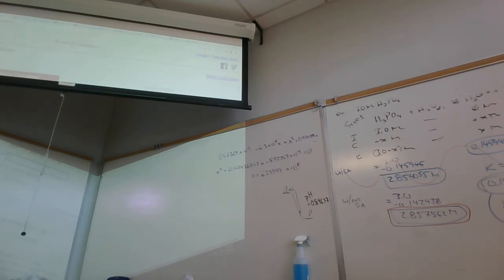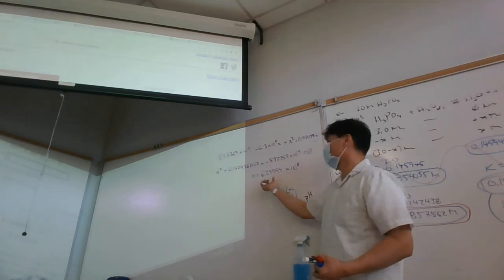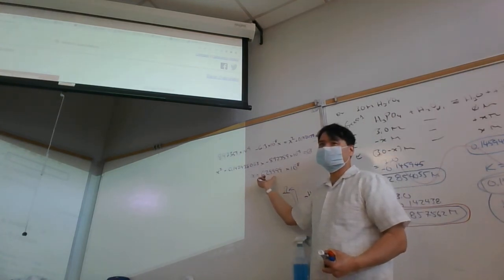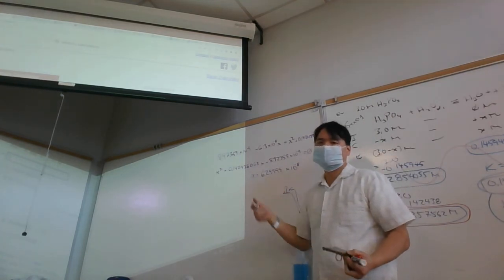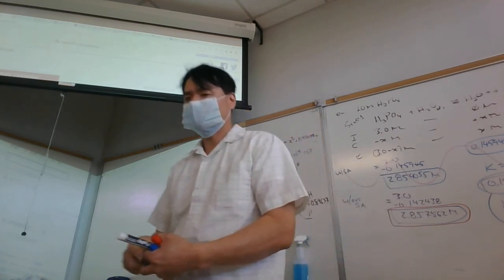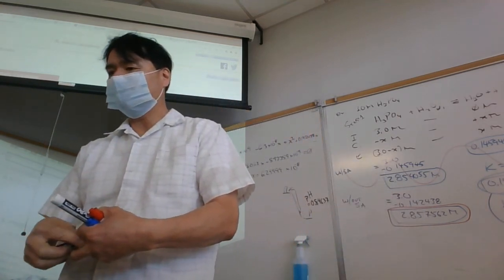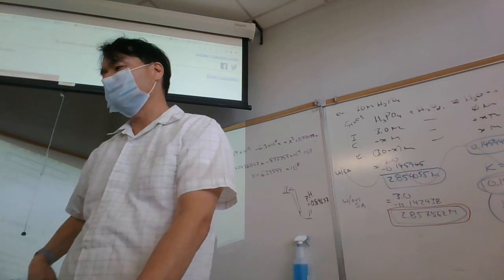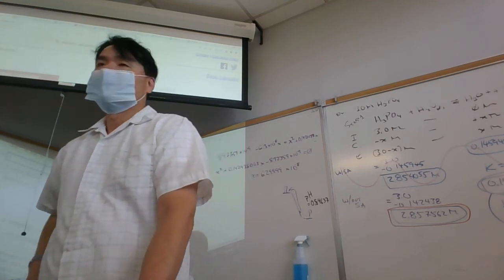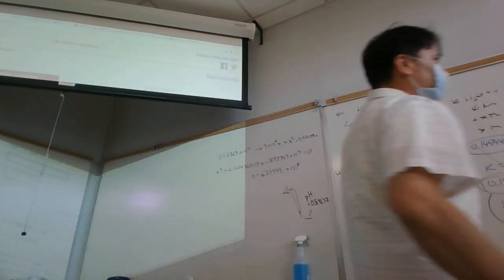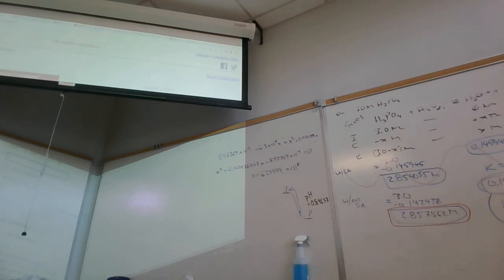The error is so small. Not only is the error so small, we're not allowed this many sig figs. If we were to round this to the proper number of sig figs, what would it round to? 6.3. So there's no difference. And so in this particular calculation, there's no way I would have done the quadratic. Even though the quadratic was not difficult, this percent change was so small, I knew I was going to get the same answer.